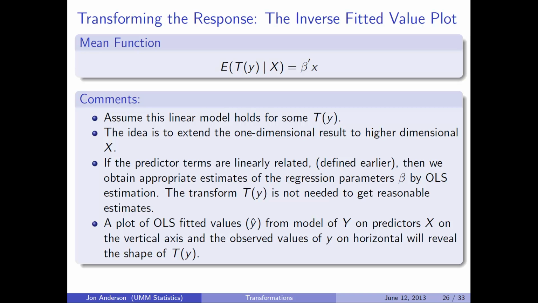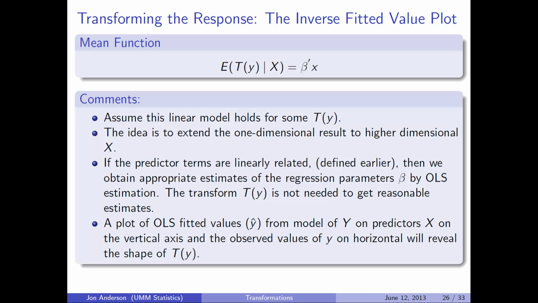We finally get to the problem of trying to transform the response variable. Sometimes we have our predictors linearly related, and we've done the best we can on our predictor matrix, but the mean function of a transformed version of y as a function of x might be linear.